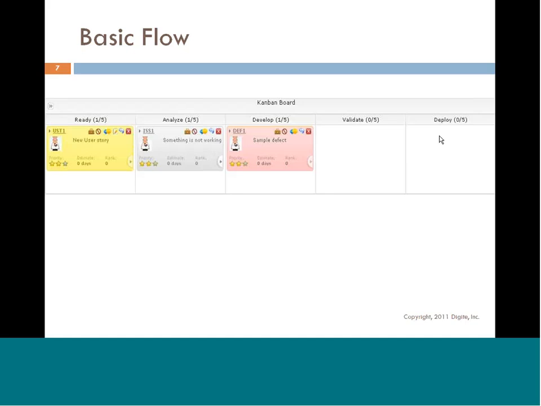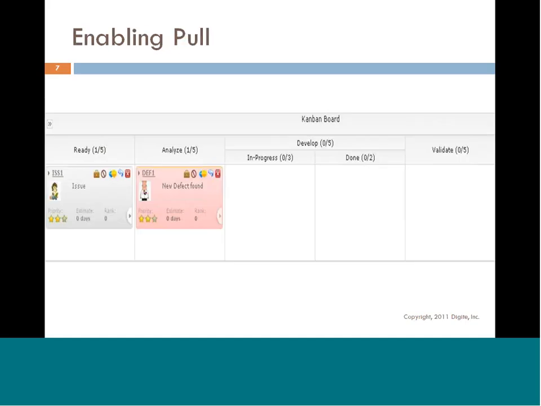As you start to adapt and embrace Kanban more, you can slowly introduce a pull system within the same board. The next snapshot shows that all you've done is split the develop lane into 2 vertical sub lanes. As you finish developing, you move the item to a done queue, which indicates that these are the things which are ready to be worked upon by the next queue.